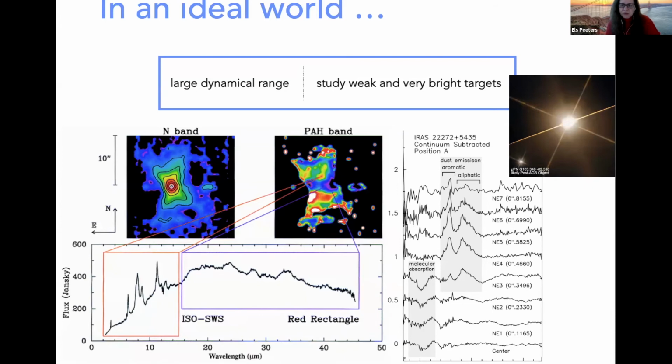The very bright targets in this case are, for example, Milky Way targets, planetary nebula, protoplanetary nebula, etc., which can be extremely bright and also extremely small and large.